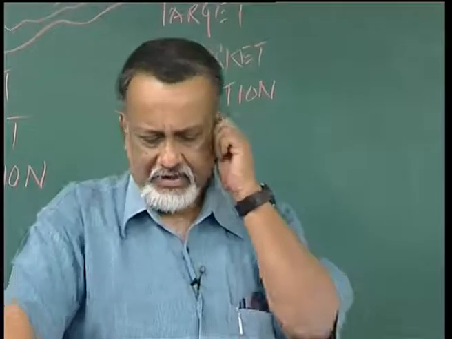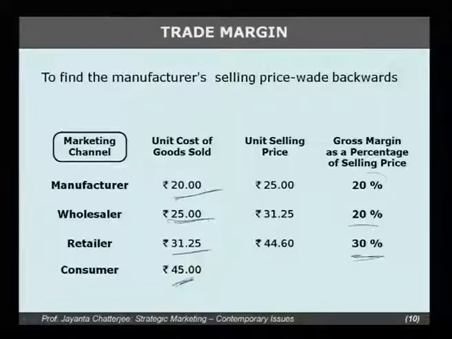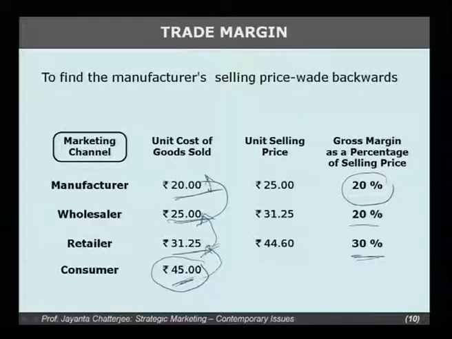To get to the margin map, you have to start from the end, that means the price in the consumer's hand, then the price at which the retailer was able to get it from the wholesaler, and the price at which the wholesaler was able to get it from the manufacturer.